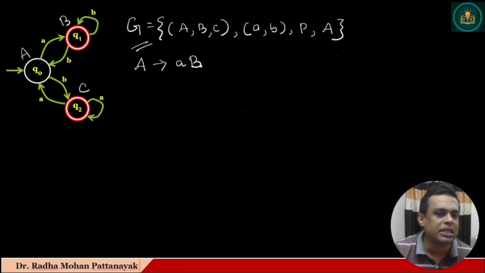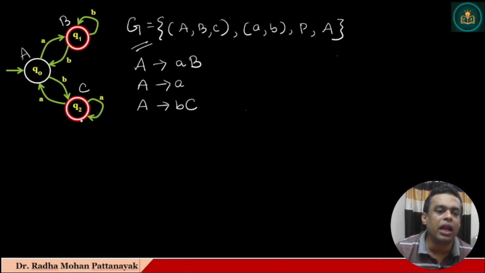And B is a final state, hence we need to write another production A produces to small a. From A, another transition is there to C, right? What is the input terminal? b, means we will write here A produces to small b and the state C, A to bC, and C is also a final state. That's why we will write A produces to small b.